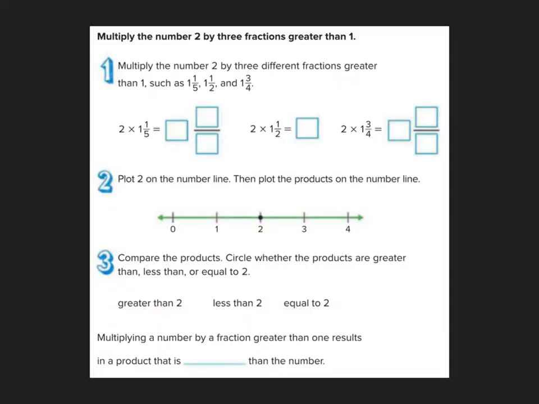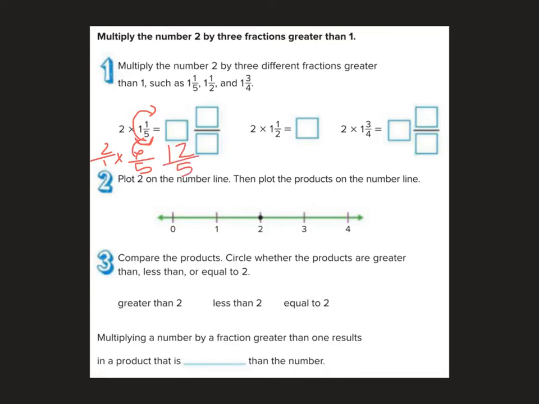Multiply the number 2 by 3 fractions greater than 1. If I wanted to take 2 times 1 and 1/5, I'm going to circle up and get 5 times 1 is 5, plus 1 more is 6/5, times 2 over 1. 6 times 2 would be 12 over 5.